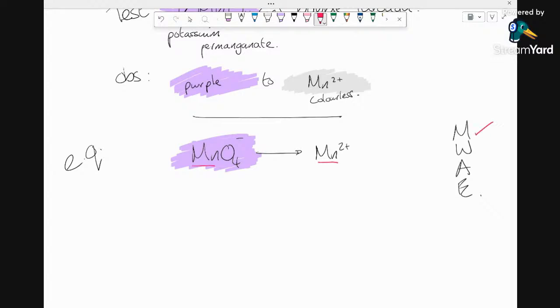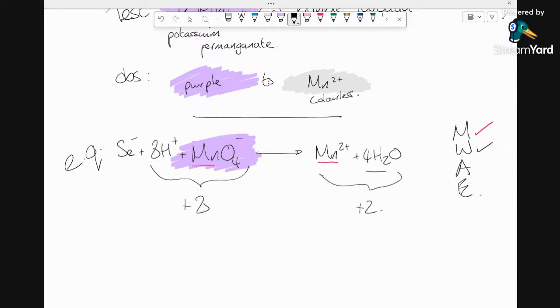Tick. Water for oxygen, add H2O. Gonna need 4 of those for each of the oxygens. Tick. Need acid for H's, got 8 of them over there, 8 H pluses. Now balance for charge: plus 8 over here, plus 2 over there. Add 5 electrons to that side because it's more positive, and I'm done. Cool. So there's our half equation for the permanganate.